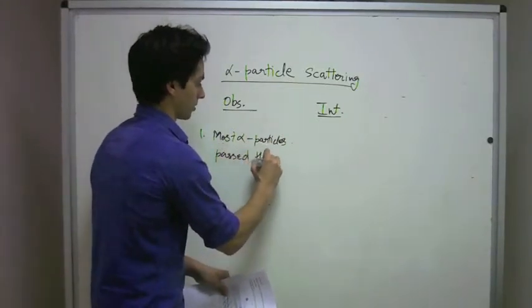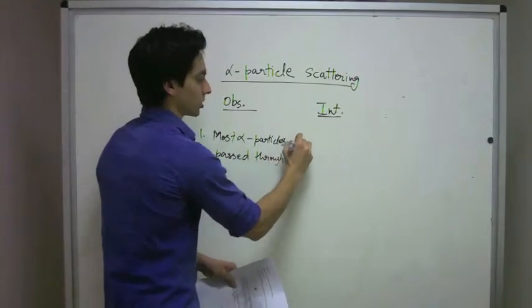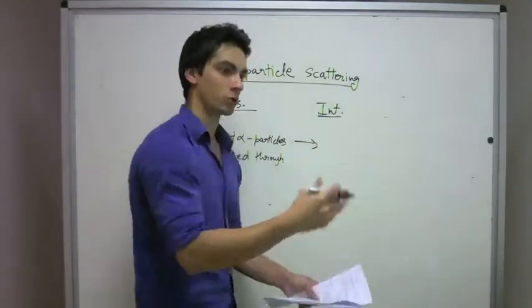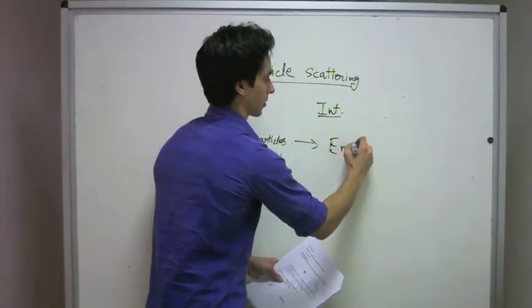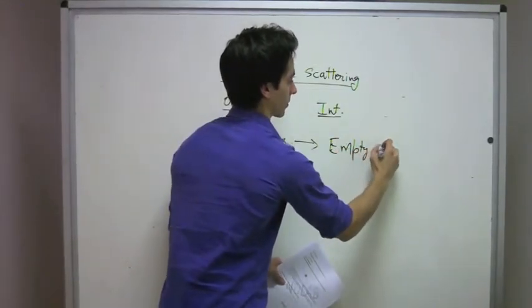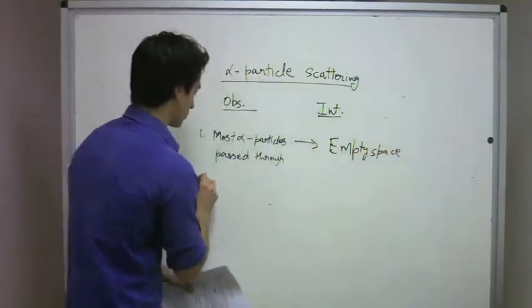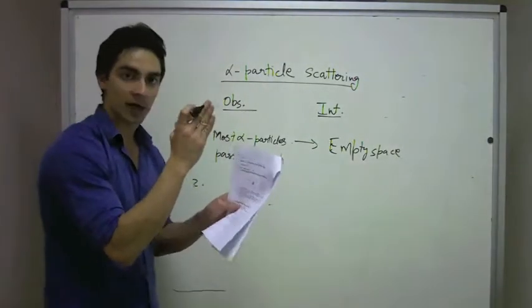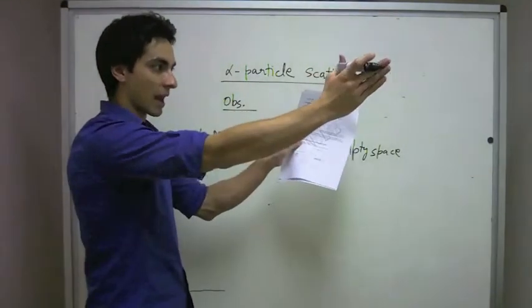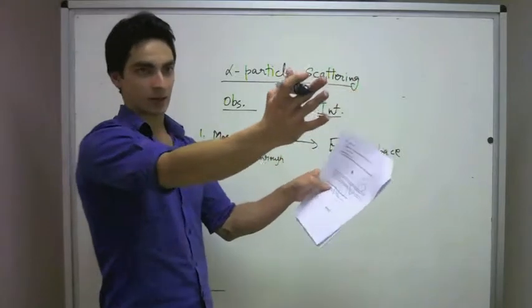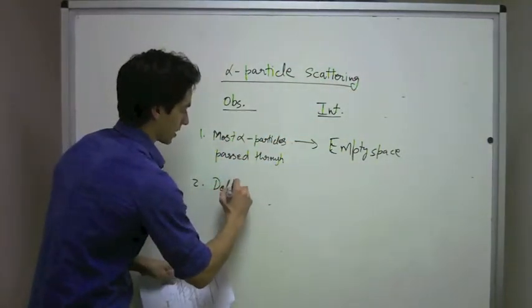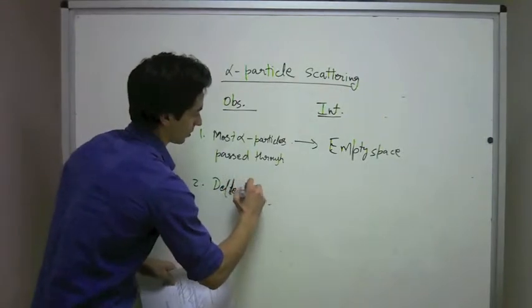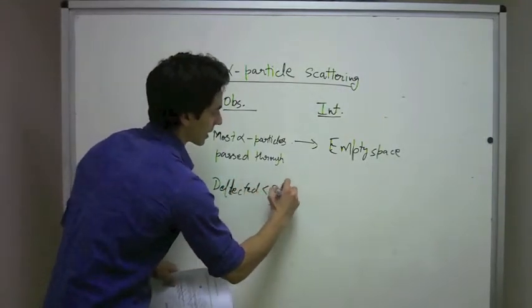Okay? This shows that most of the atom actually consists of empty space. Okay? Second observation is that some of the alpha particles were deflected at small angles less than 90 degrees. Okay? So some were deflected at angles less than 90 degrees.